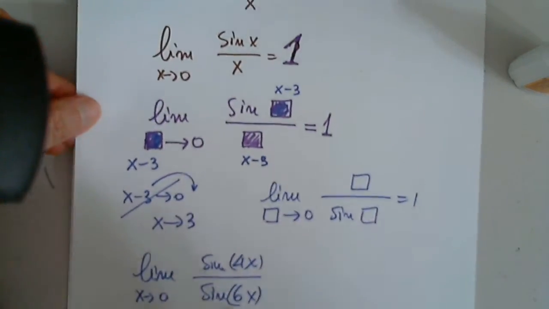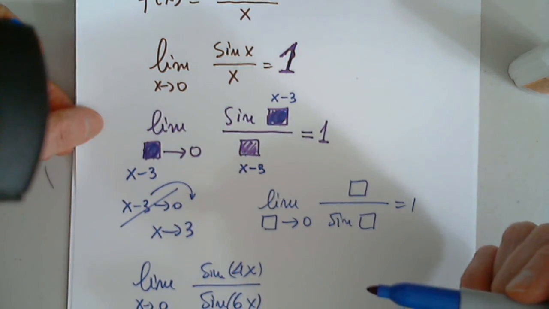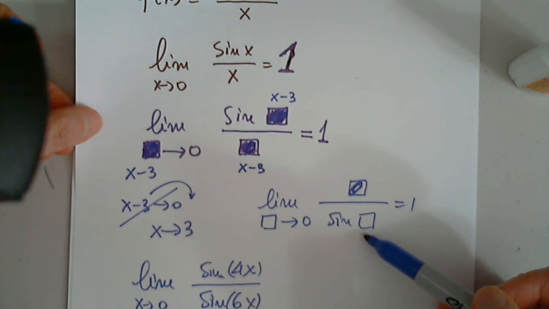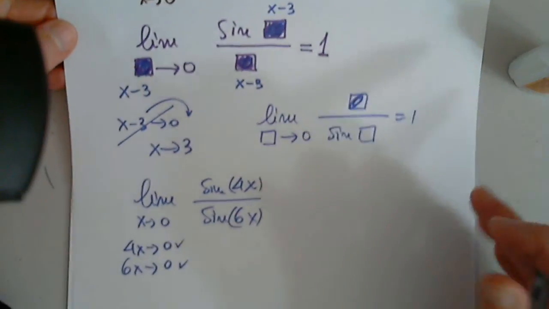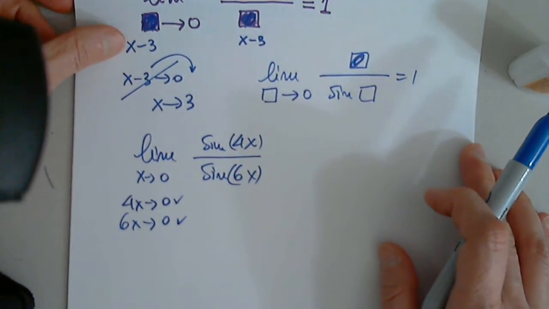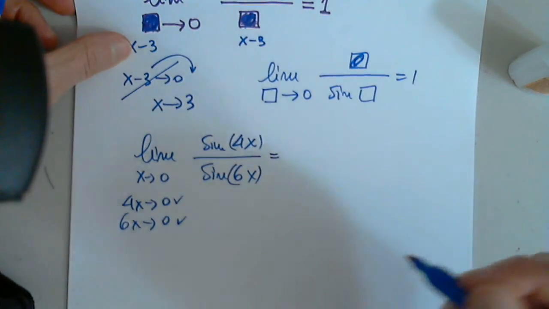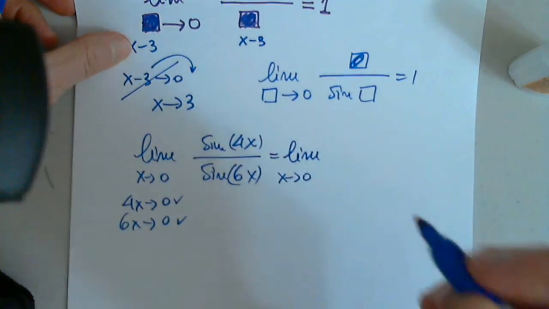So for now, I have the box here and the box in sine. But if I don't have a box in the denominator or in the numerator for the sign in the denominator, then I cannot get this famous 1 in this situation. Yes, but I can rearrange this function the way I like it to look like this.